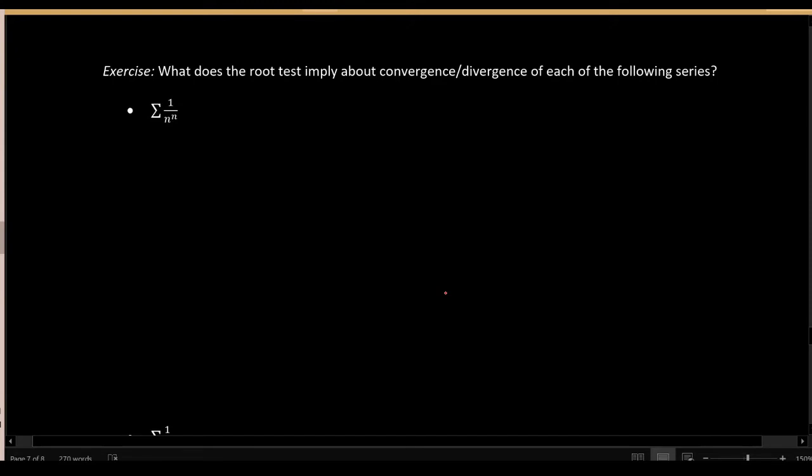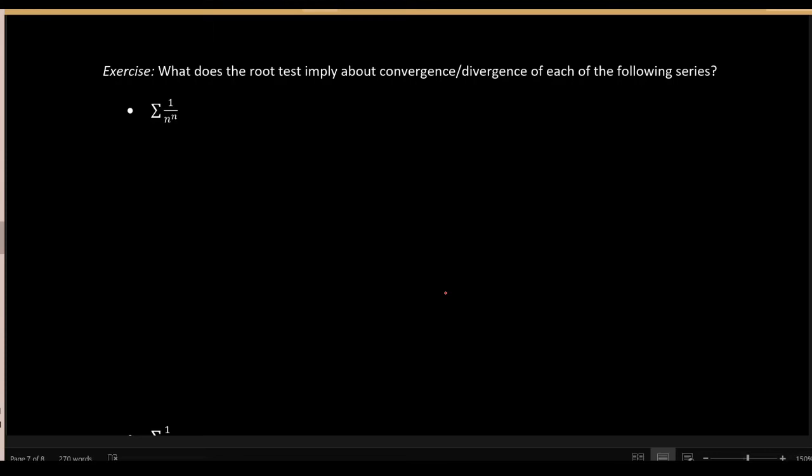Now, the root test is absolutely perfect in any situation where you have an exponent of n, because an exponent of n and the nth root will cancel each other out, leaving you with something that's generally pretty simple for you to calculate that limit.